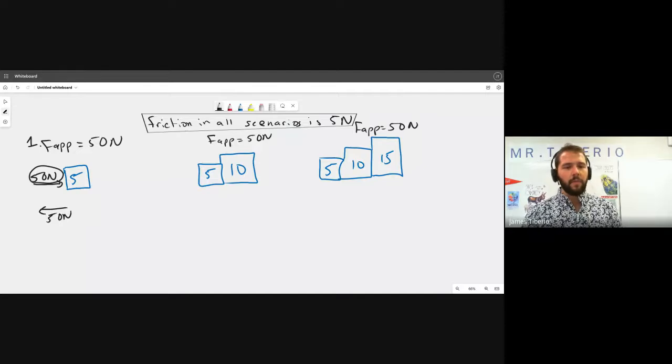Okay. What we can do now is look at the second example, and of course, calculating forces inside of the box systems gets trickier. So far, so good. If I was to apply a 50 Newton force on this box right here, and I'm sliding these boxes across the floor, well, the point of contact between my hand and the box here is also going to apply the exact same 50 newtons back on my hand.